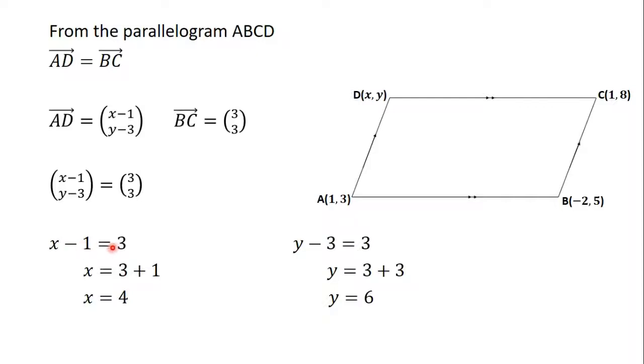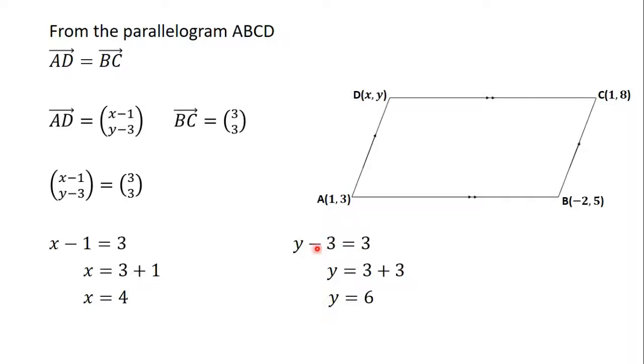x minus 1 is equal to 3. The x-coordinate here is equal to the x-coordinate here. You find x, you get 4. The same way, y minus 3 is equal to 3. So the y-coordinate of AD will be the same as the y-coordinate of BC.